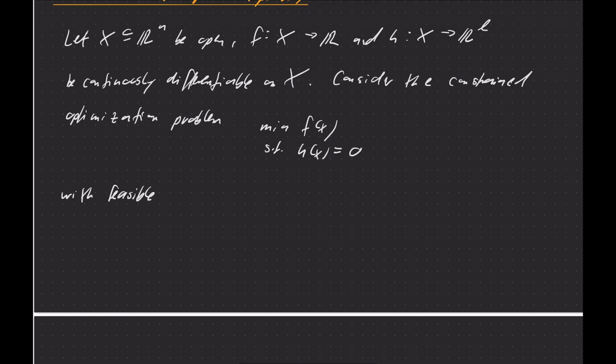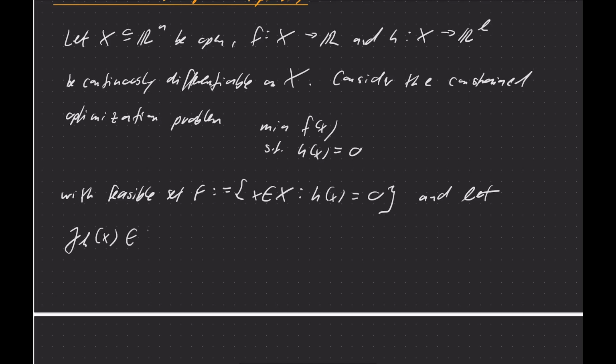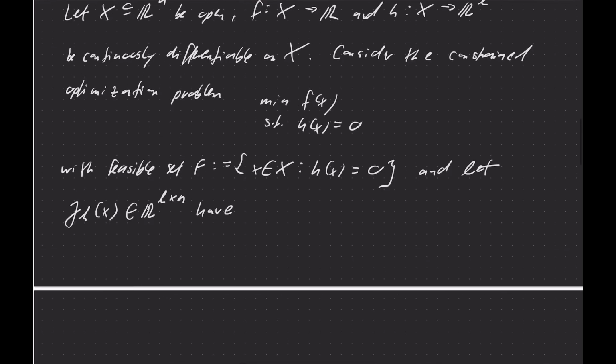So we have a problem with feasible set F defined as all x in X where h of x equals 0. And there's one more condition such that the theorem works. We need a condition on the Jacobi matrix of h. So let's add that: let this Jacobi matrix Jh of x, that's a matrix in R to the l times n, we need that to have maximum rank.